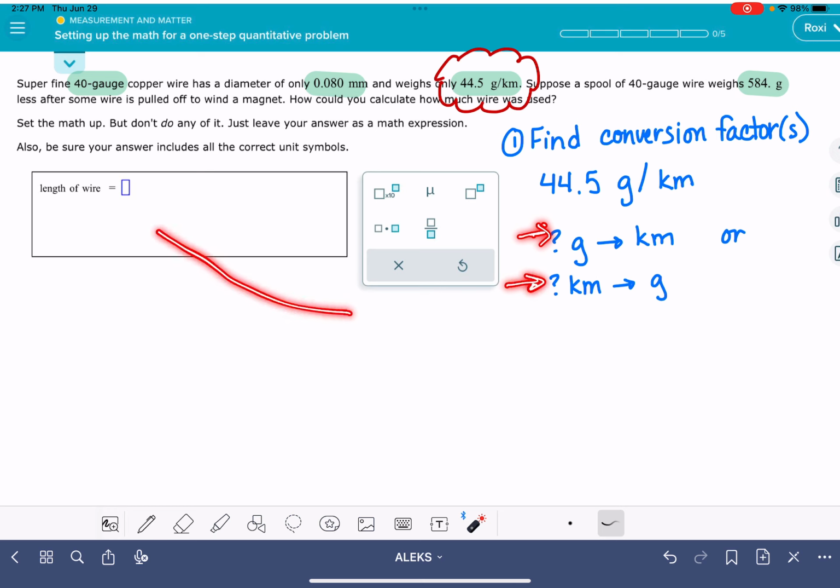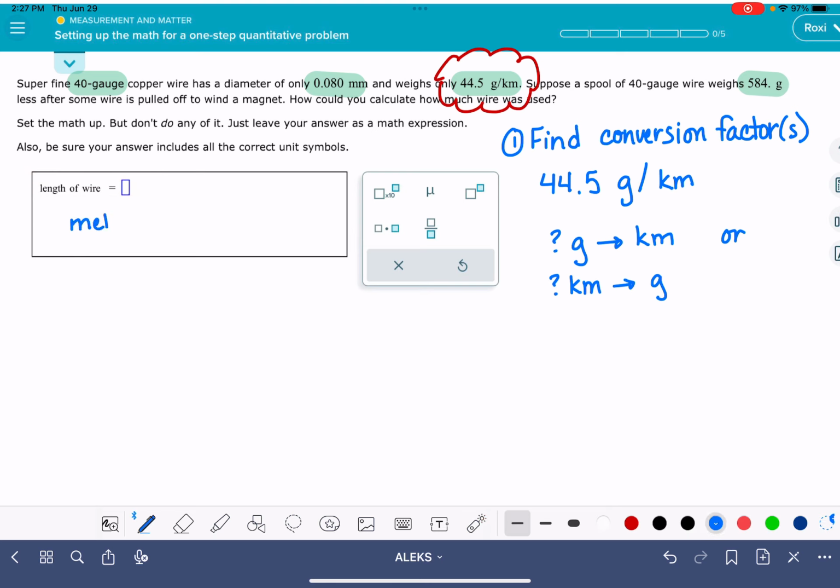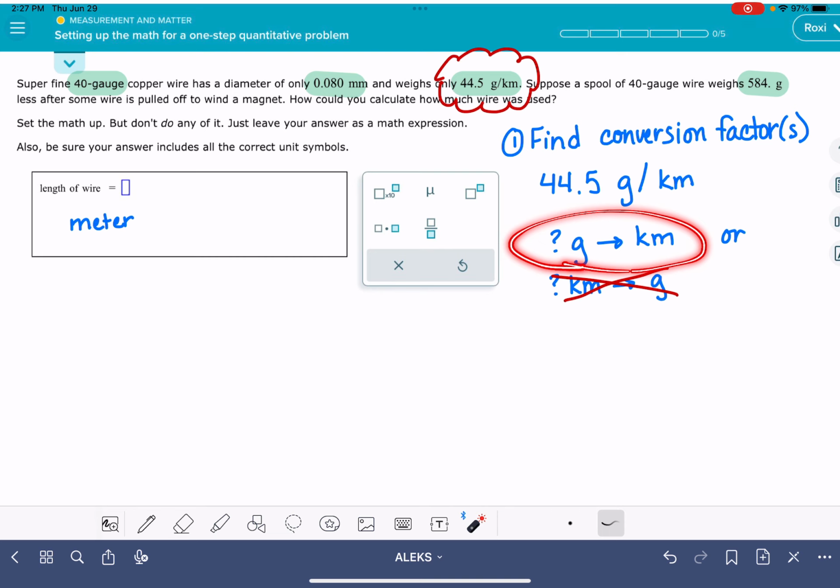Probably the easiest way is to look at the answer that ALEKS is looking for. ALEKS is looking for an answer that has a unit of length. Length is measured in units of meters, centimeters, millimeters, kilometers. And that is my big tip, that ALEKS is asking me to do a gram to kilometer conversion.